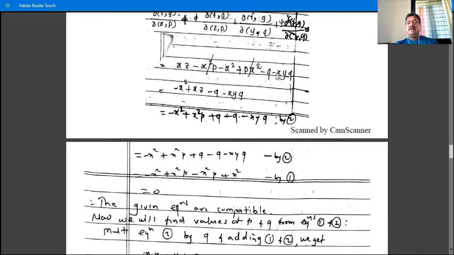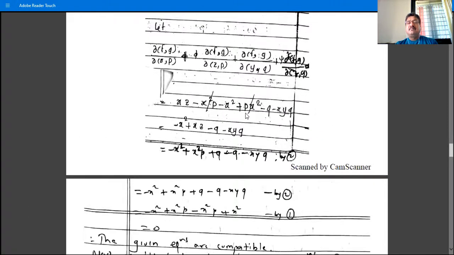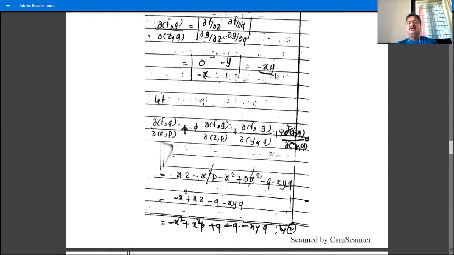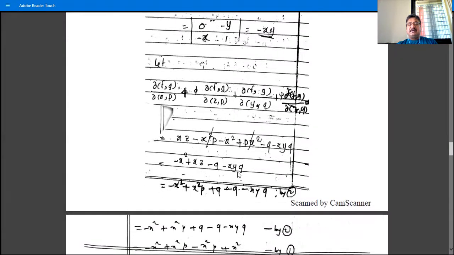Plus q means q into x into y. Okay, this quantity minus xyq. Don't write this step. This value is minus x square.